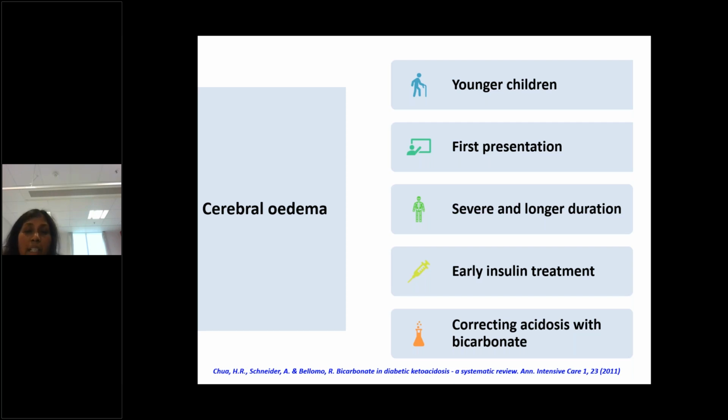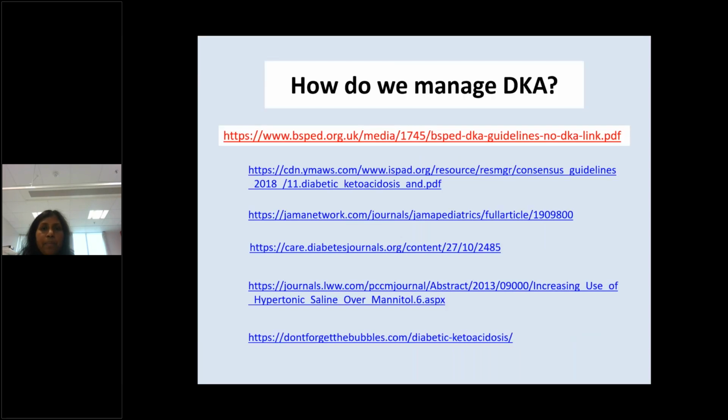However, if it is done, that can be a contributory factor for developing cerebral edema. Having said that, bicarbonate can be given in severe hyperkalemia, or if there is an impending risk of myocardial infarction. But I've not seen or experienced anyone using bicarbonate in my clinical practice so far.